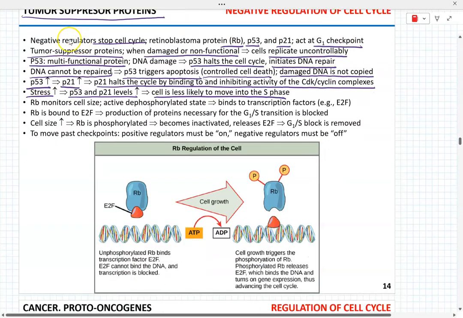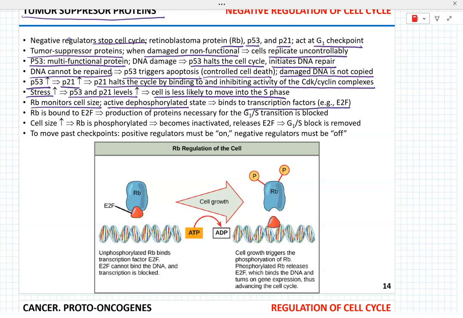Another tumor suppressor protein, retinoblastoma protein, named this way because this gene is mutated in retinoblastoma, the cancer cells, monitors the cell size. When retinoblastoma protein is dephosphorylated, it binds to transcription factors, for instance, E2F. When retinoblastoma protein is bound to E2F, it inhibits it. Therefore, this factor cannot bind the DNA, and the production of proteins essential for transitioning from G1 to S is blocked.